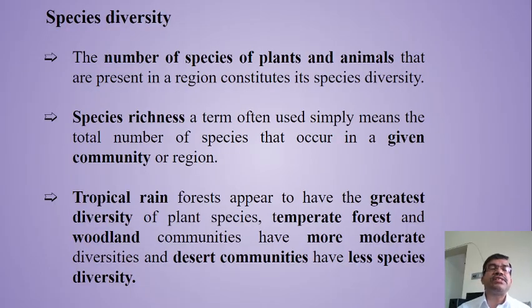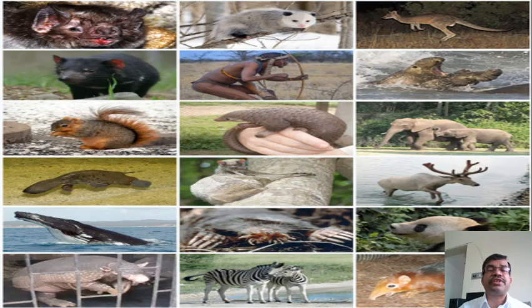So species diversity refers to the number of species of plants and animals. It is the species richness of a community or region. A tropical rainforest has the highest species diversity compared to temperate woodland, and desert communities have very less species diversity. And this is again a picture showing the species diversity.